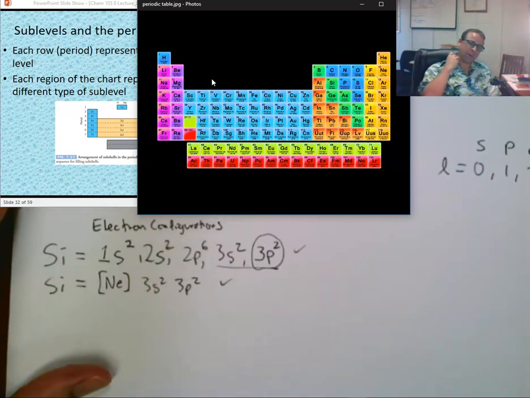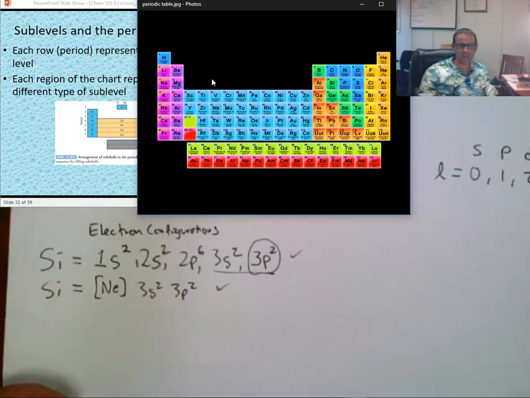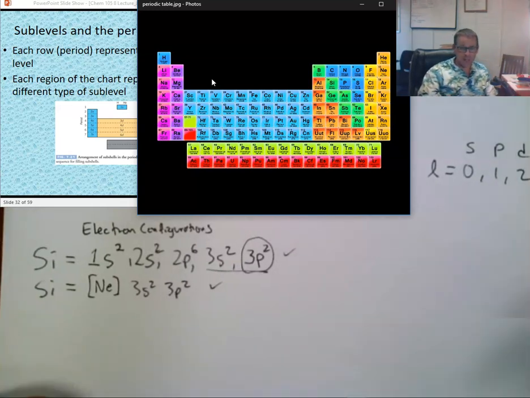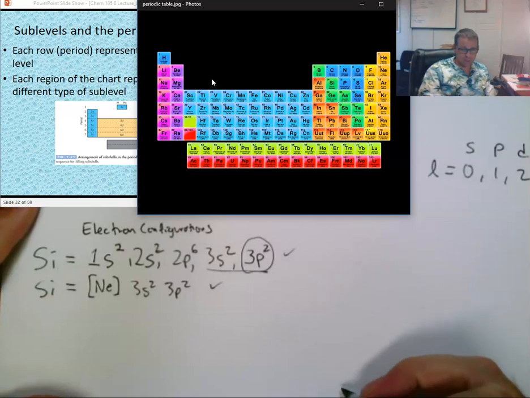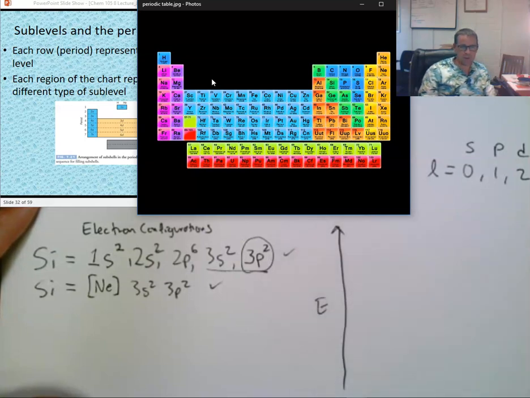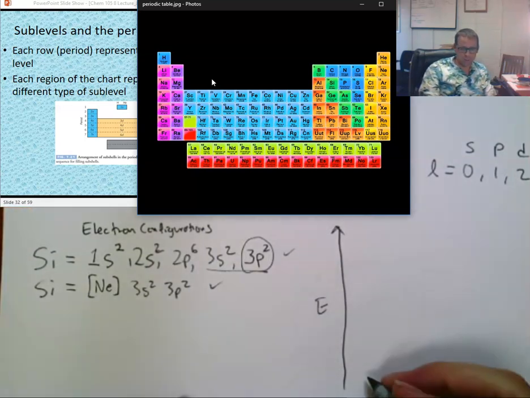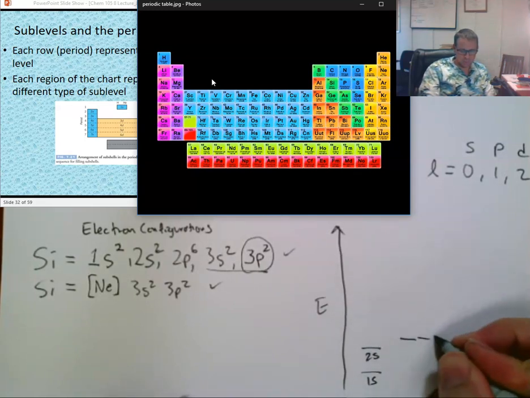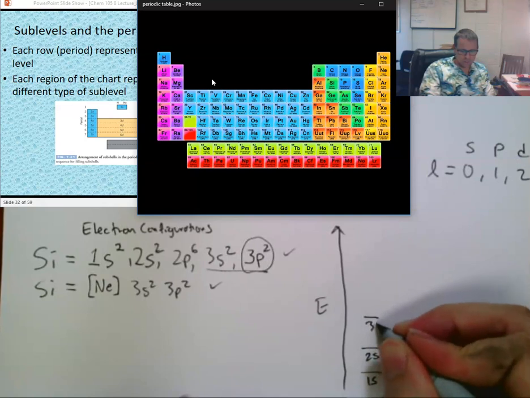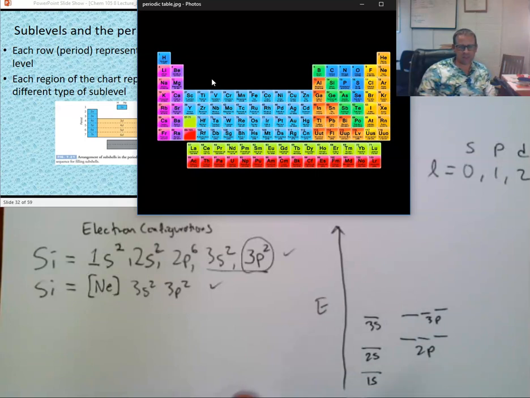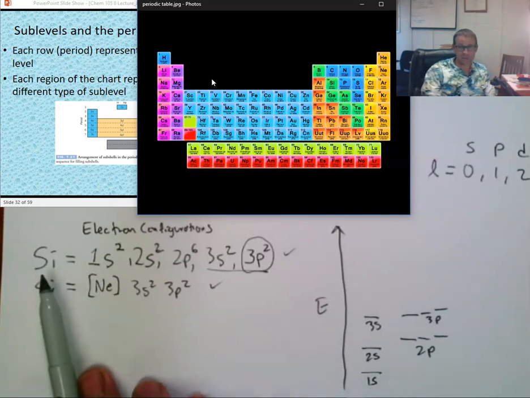All right, and why is this helpful? Well, it can be helpful for a variety of reasons, but we have to recognize that this energy diagram, or orbital diagram, where we have our 1s, 2s, 2p, 3s, 3p, we have to have this in mind when we're thinking about the silicon atom.